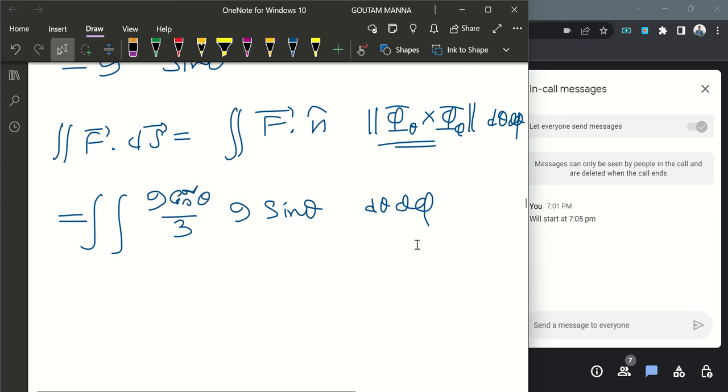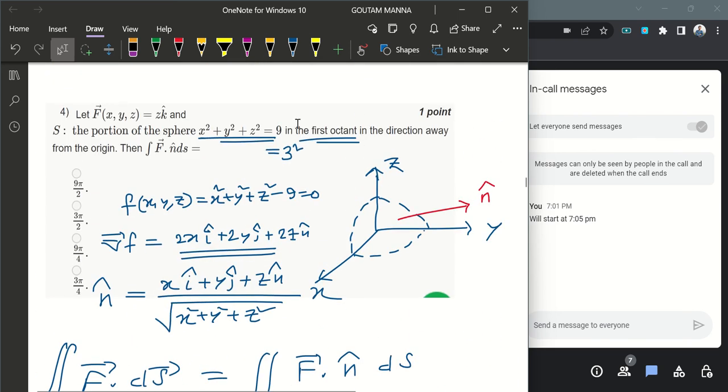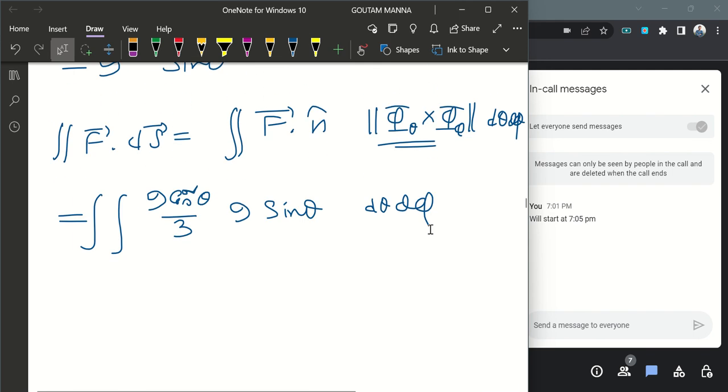And now let's put the limits of integration. We are in the first octant, so theta is varying from here to this xy plane, that is pi by 2. So theta is varying from 0 to pi by 2, and phi is varying from the xz plane to the y axis, so that is also 0 to pi by 2.